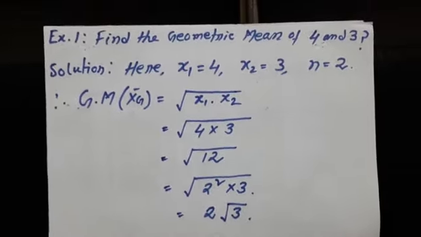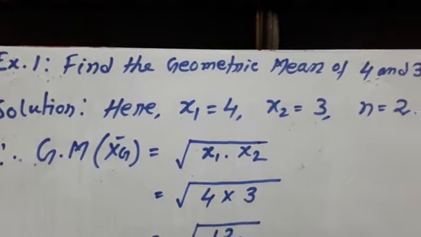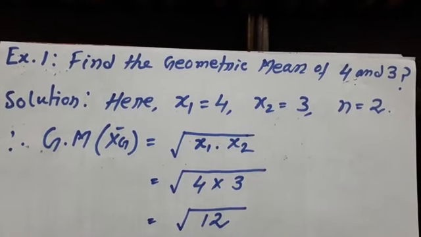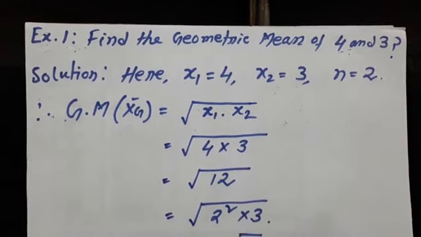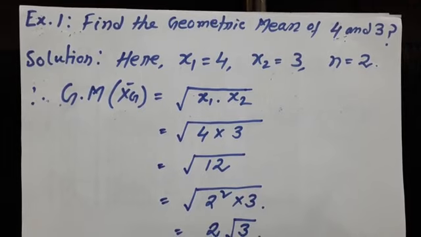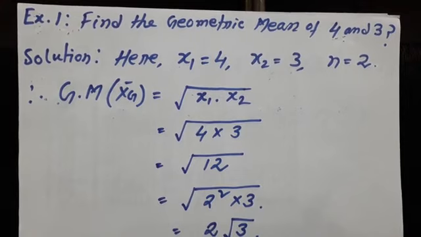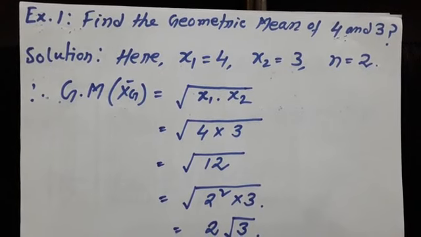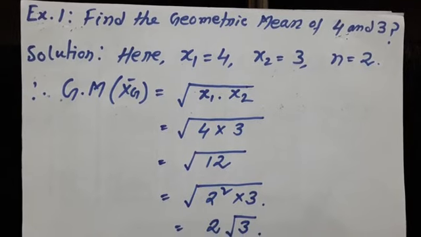Now see example 1. What is given? Find the geometric mean of 4 and 3. Now how will you calculate it? Here you have seen there are two observations, x1 equals 4, x2 equals 3, and since there are two observations, n equals 2.